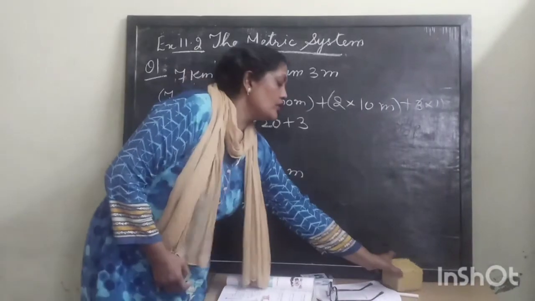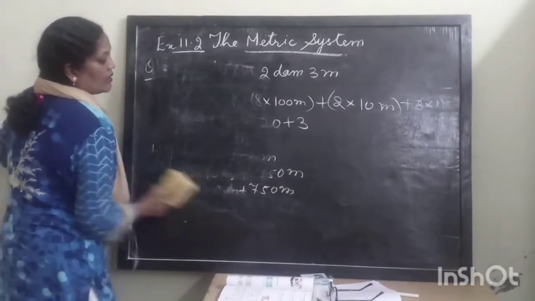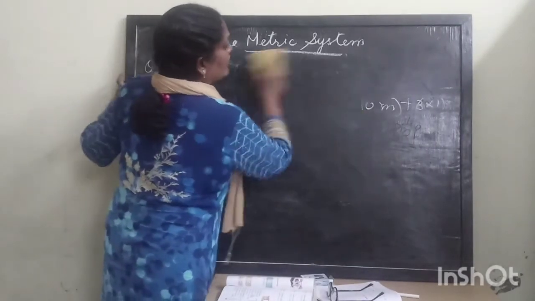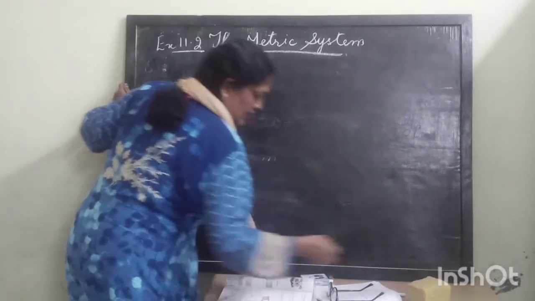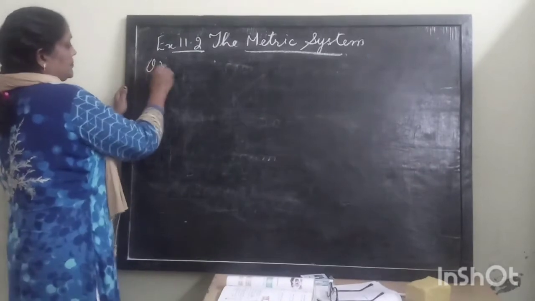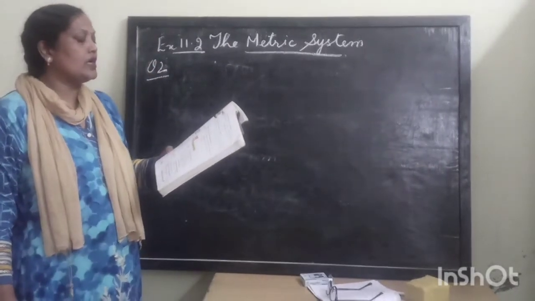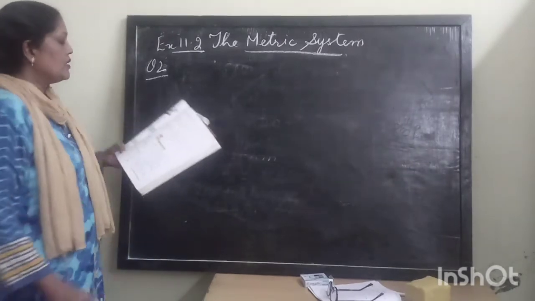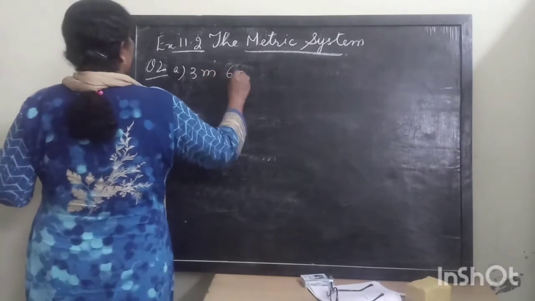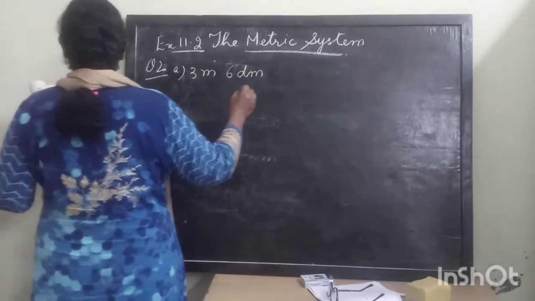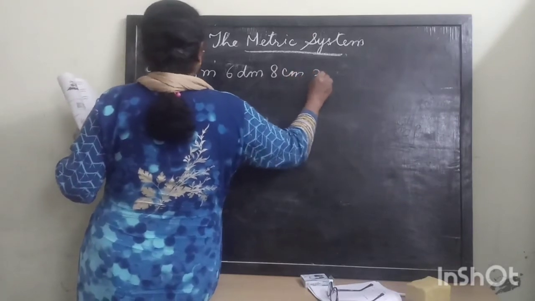Come to the second question. One part I will teach, the remaining you do yourself. Convert into millimeters. See here, 3 meters, 6 decimeter, 8 centimeter, 3 millimeter.